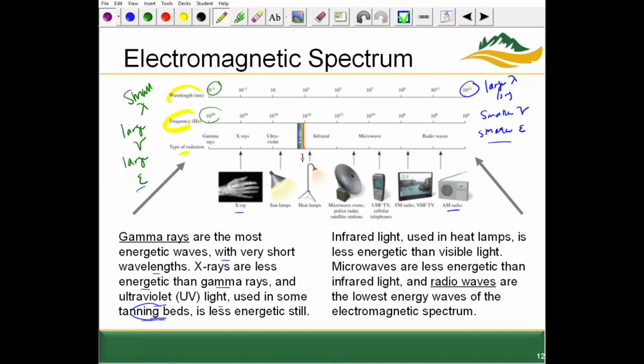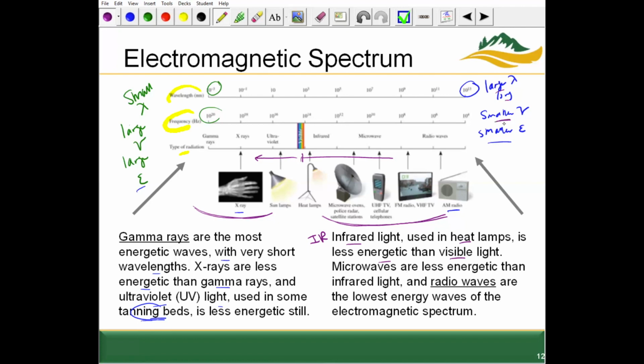Then on this side of the visible spectrum, so sometimes you'll see it split up, this side of the visible spectrum, so the smaller wavelengths, the larger frequencies, then this side of the visible spectrum with larger wavelengths and smaller frequencies. So infrared light, also denoted as IR, used in heat lamps, is less energetic than visible light.